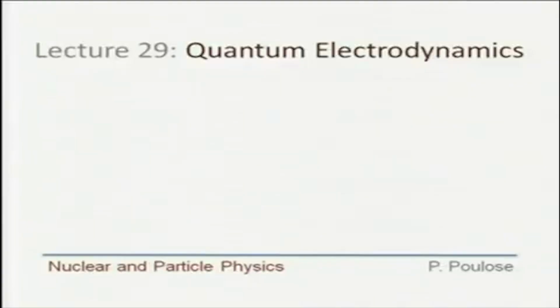So, we will continue our discussion on the interaction of charged particles with the electromagnetic field in the quantum picture and in the relativistic case. Essentially, this is what we call quantum electrodynamics, but we will come to the formal quantum electrodynamics as a quantum field theory at a later stage.